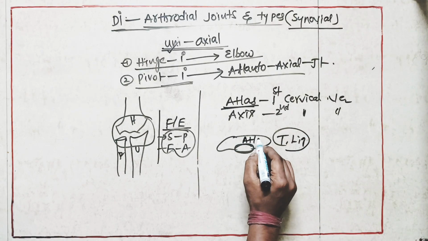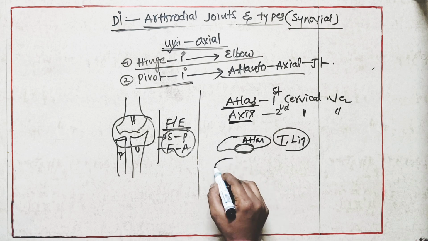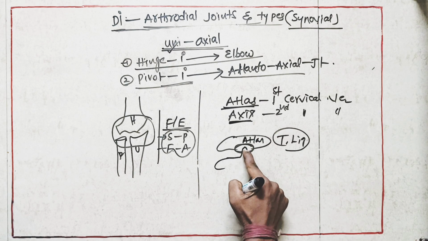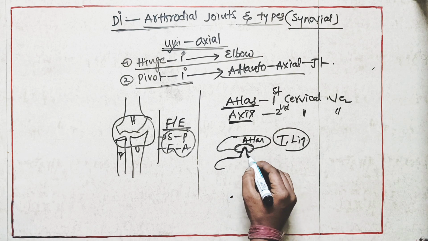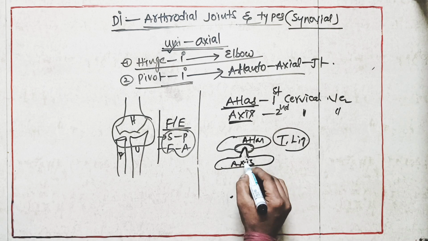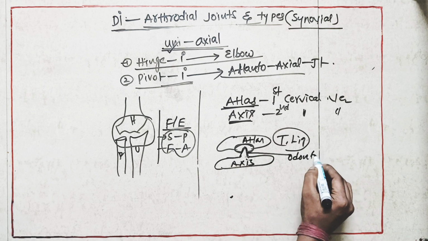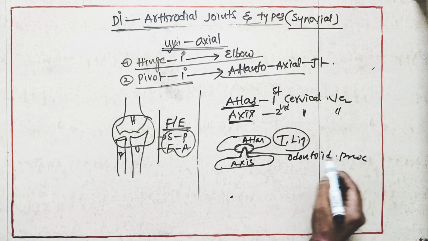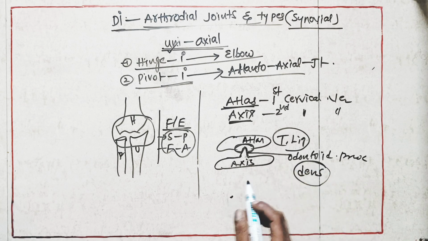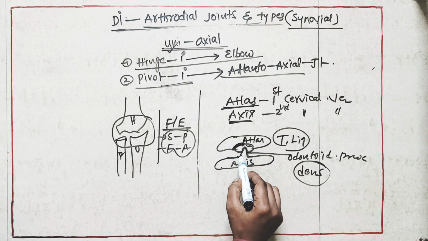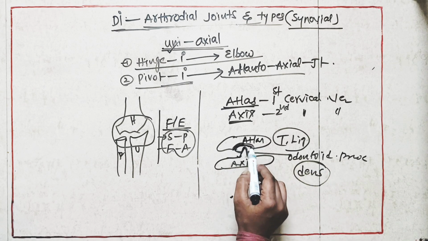Suppose this is atlas, then axis. The axis has one odontoid process, also called the dens. Inside the ring, this dens is going to rotate.